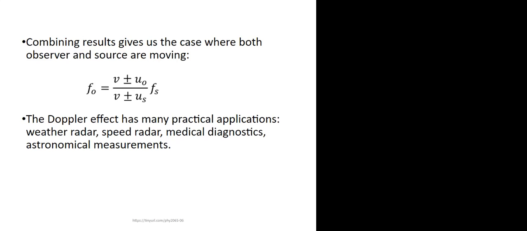If it's away from the observer, then you take the plus, because that will make the frequency smaller. So always, if you are getting closer, like the source towards the observer, then the frequency will increase. Otherwise, if they are away from each other, it will decrease.